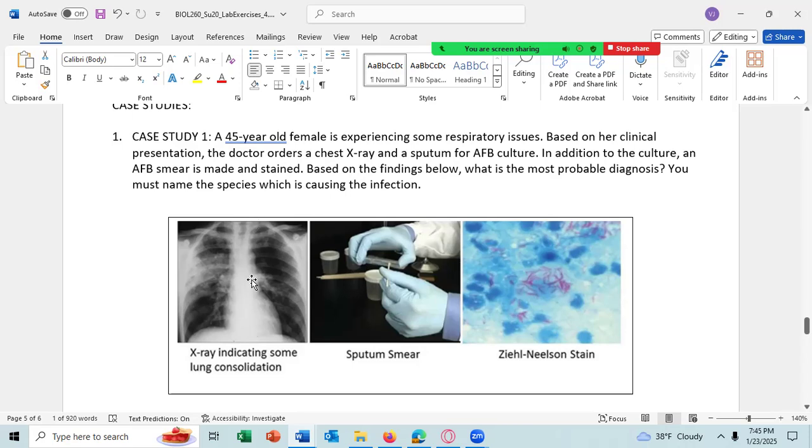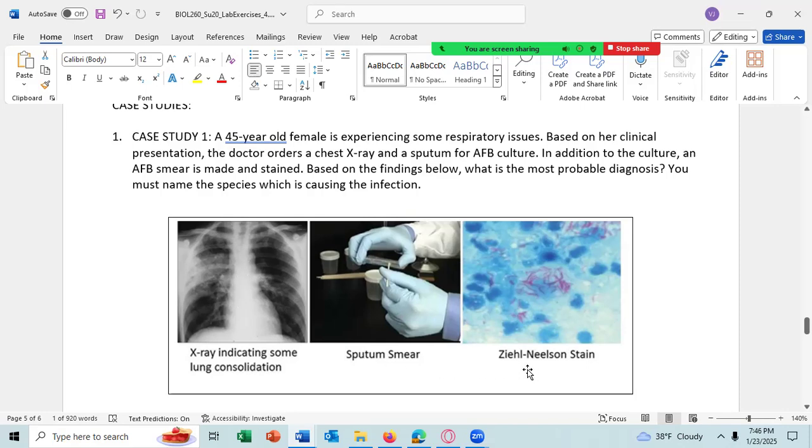In the x-rays, normally the lungs appear dark, like right here. This whole region, and that region there, and then this region here, something's going on. The lungs in that region there do not look correct. And then that's the smear, and then there's the stain of the smear.